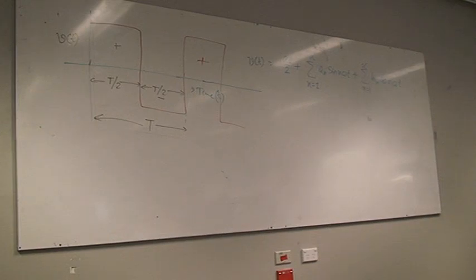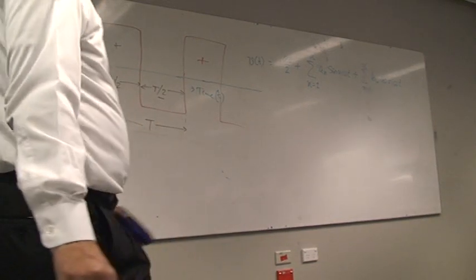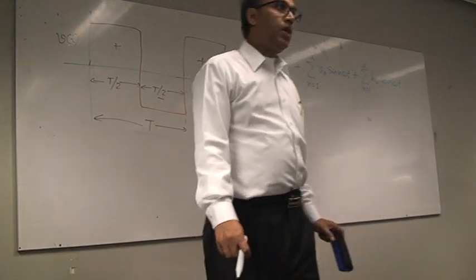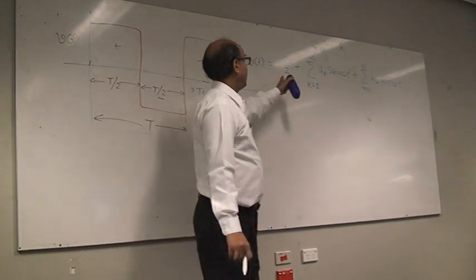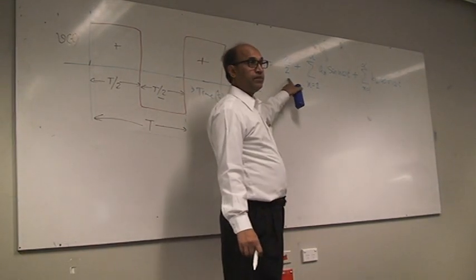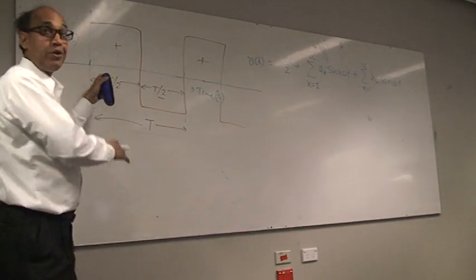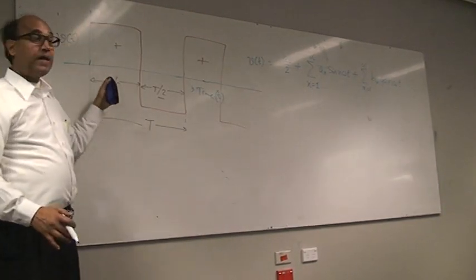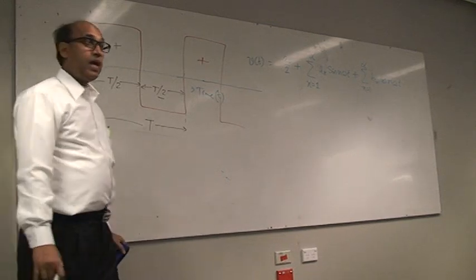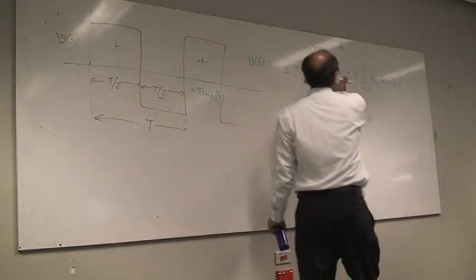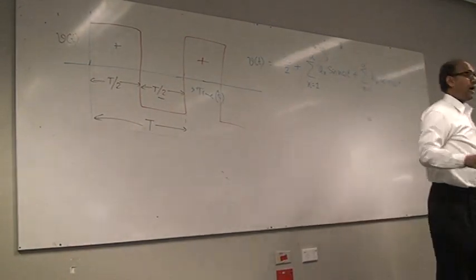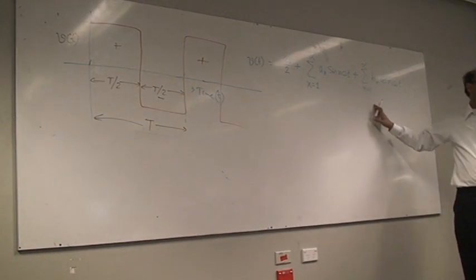It means that I can analyze any kind of periodic waveform with the help of some terms. This is the DC component. So if there is some kind of offset, that also will appear there, and there is a sum of sinusoidal components and a sum of cosinusoidal components.